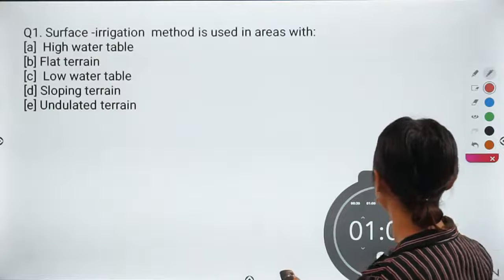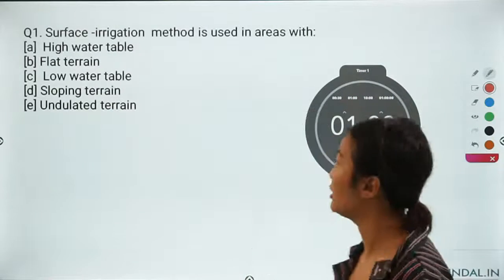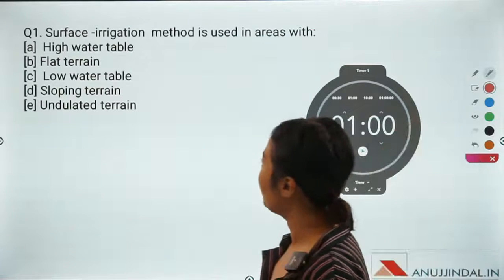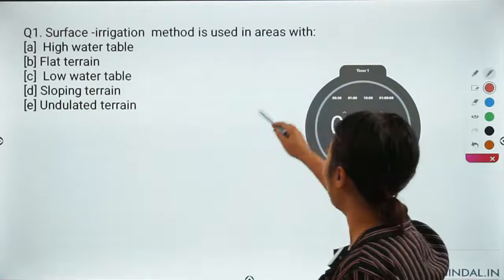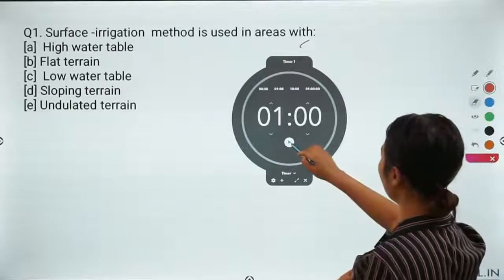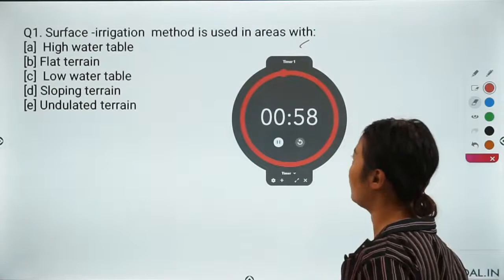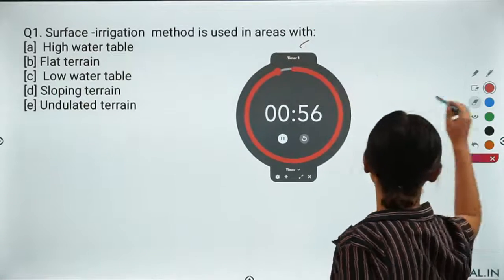Okay. Let's start off with our first question for today. Our first question says: sub-irrigation method is used in areas with... Let me start a timer for you all. I'm going to give a timer of 1 minute. Let's start, and you can start off with your answers.